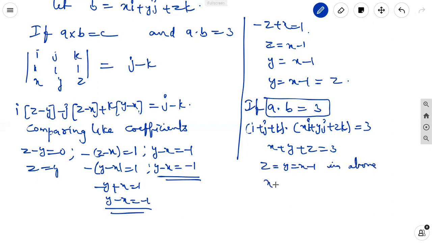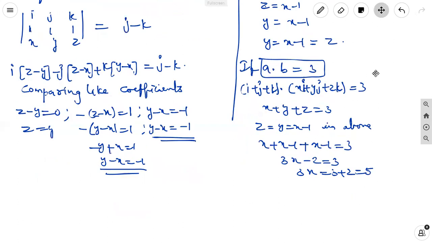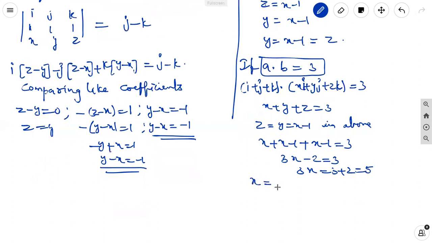So we get X plus X minus 1 plus X minus 1 equal to 3. 3X minus 2 equal to 3, 3X equal to 3 plus 2 equal to 5. From this, X equal to 5 by 3.